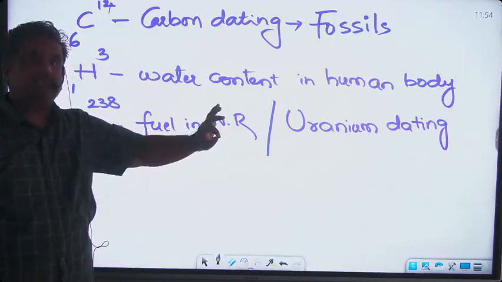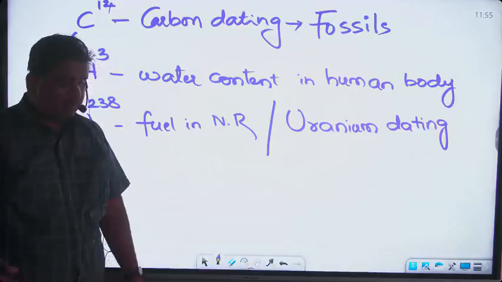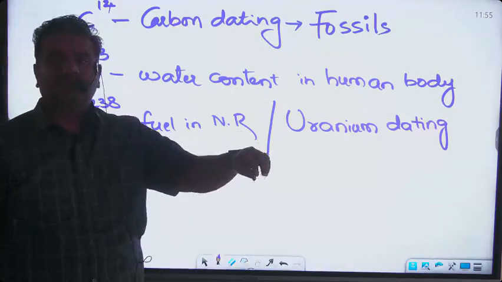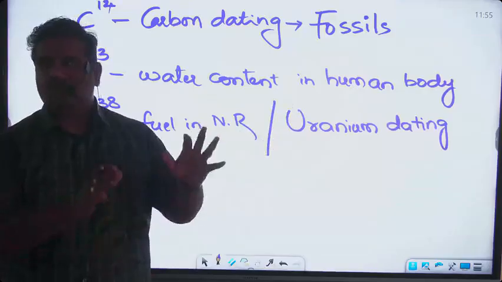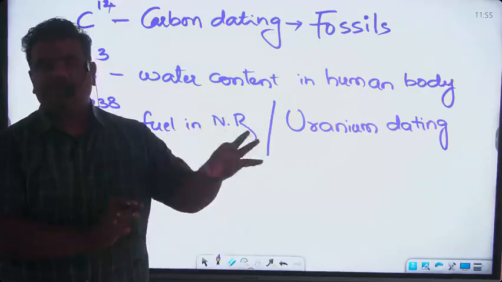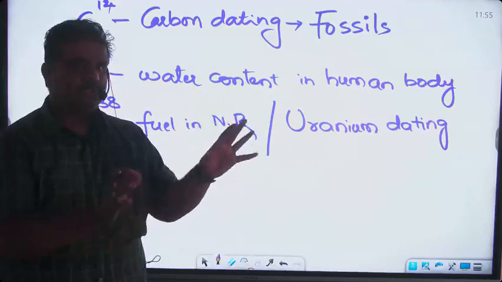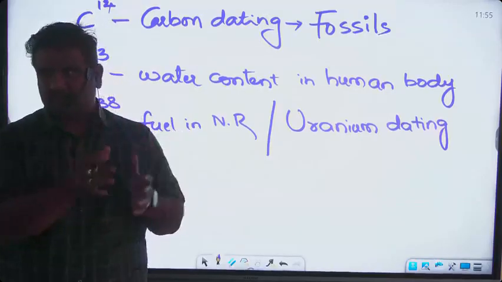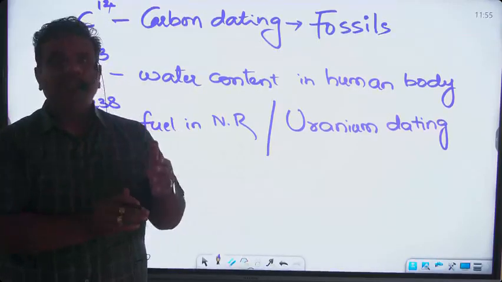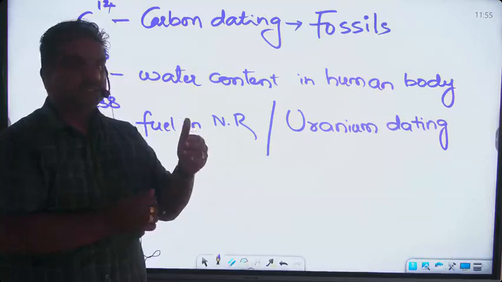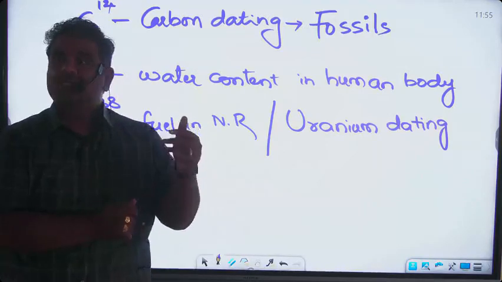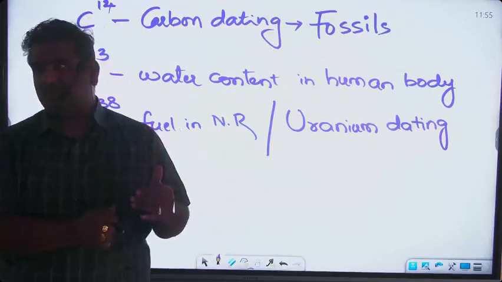Now I'll give one simple example. I don't know how many of you know this. In the month of January, we had one important date, January 22nd, the Ayodhya Ram Mandir inauguration. That particular idol is made from a stone which has an age of around 6 lakh years.